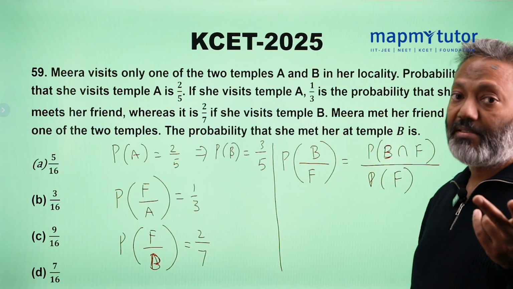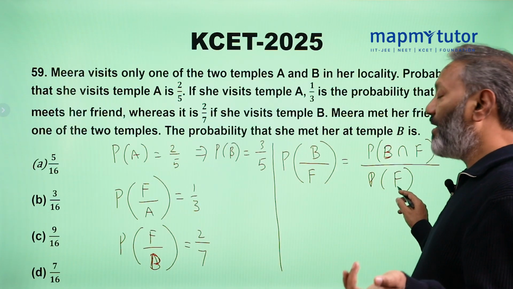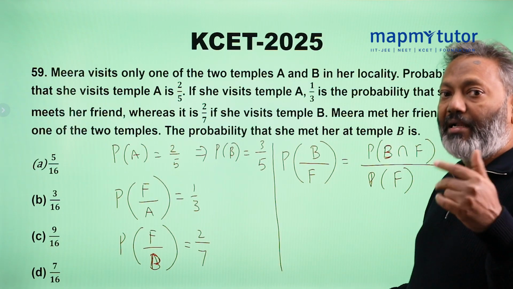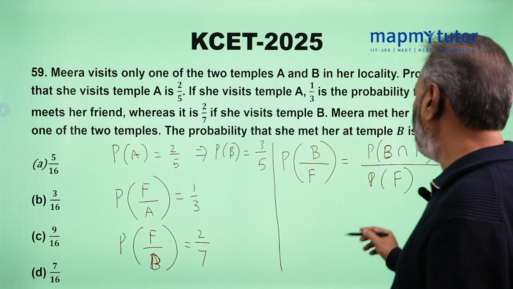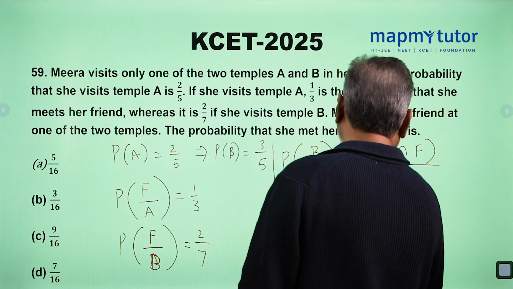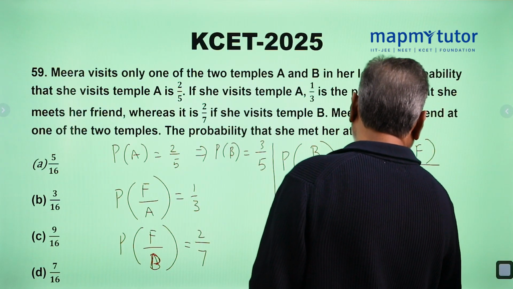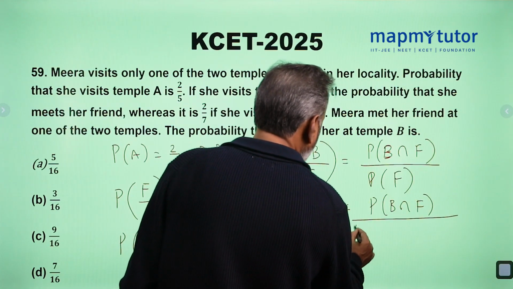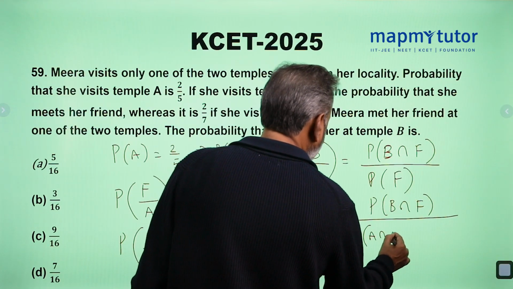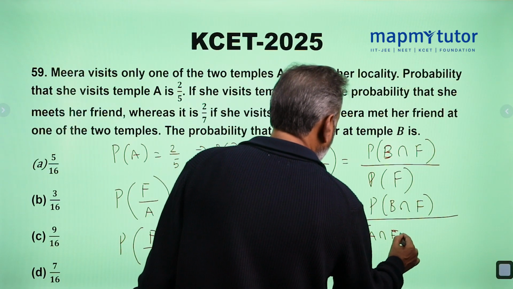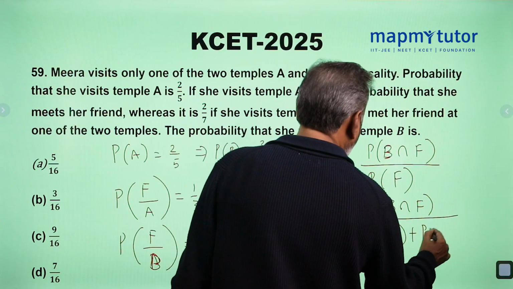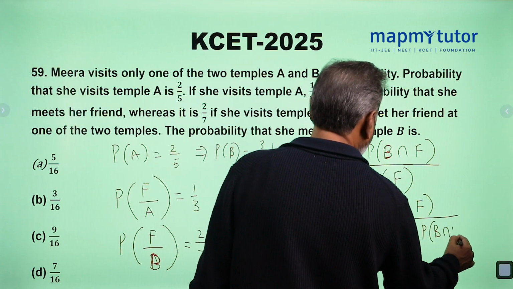What are the two chances? Either she met her friend at temple A or temple B. Therefore, P of B intersection F is your favorable case, of course. And here there are two cases, P of A intersection F or P of B intersection F.